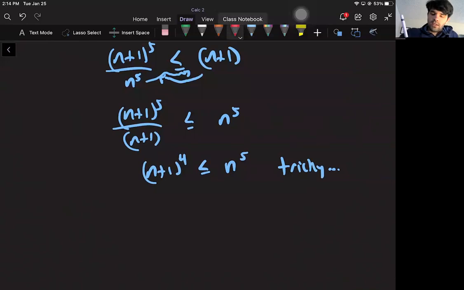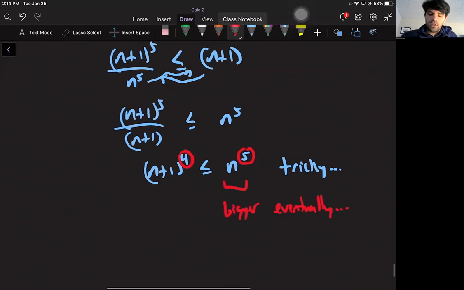So the basic idea is that you have a fifth power here and a fourth power here, so this one will be bigger eventually, maybe not right away. But it would take a very long time to see which value of n it's actually bigger for, because I would need to multiply this out.